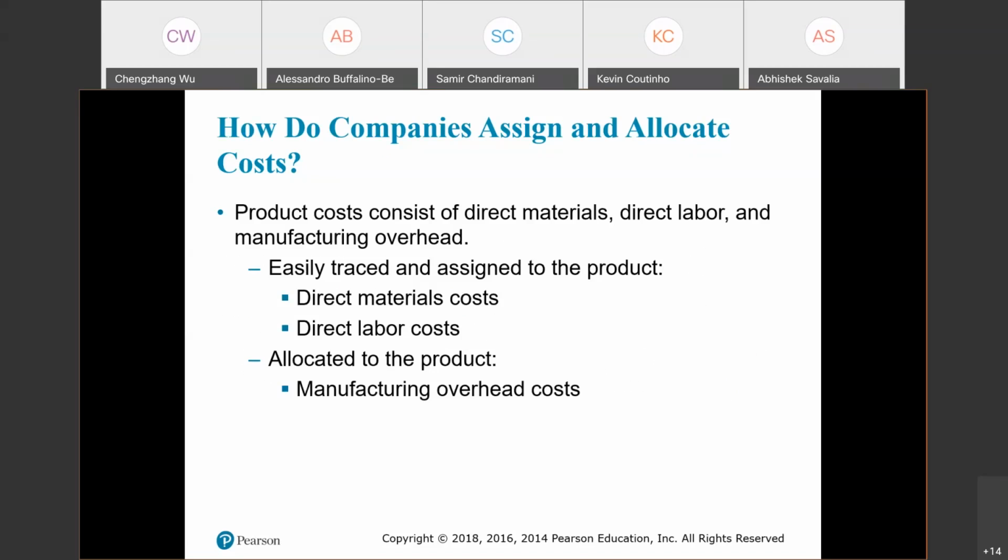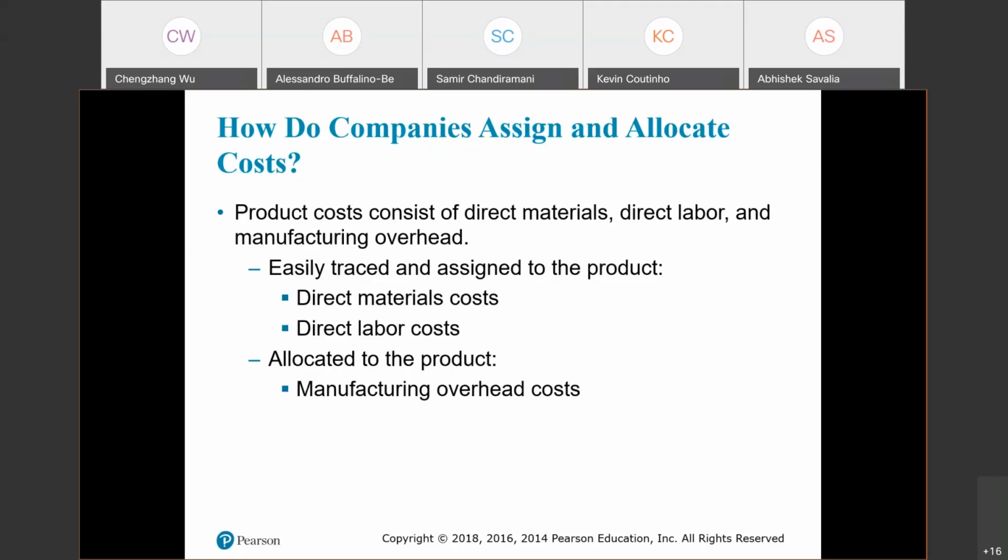They are direct material, direct labor, and manufacturing overhead. Well, where manufacturing overhead can be also recognized as indirect cost. These costs must be traced to each product manufactured.